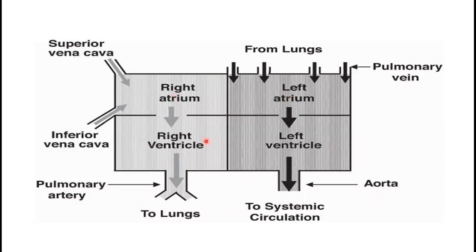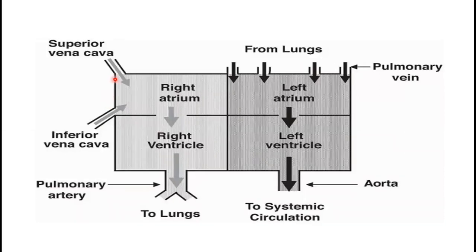The heart is a muscular organ which is present in the center of the chest cavity between both the lungs, but tilted a little bit toward the left side. It is surrounded by two membranes. These membranes are known as pericardial membranes.